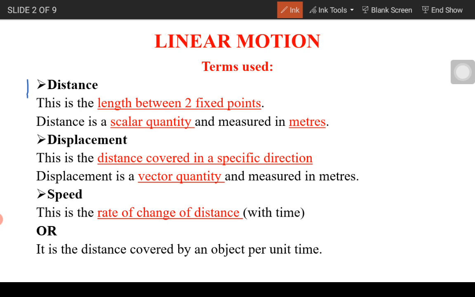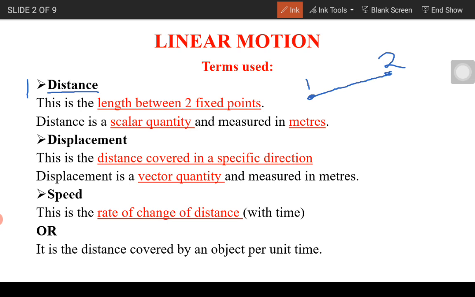The first one is distance. We must look at distance as the length between two fixed points. If I have a point here, and I have a point there, and I want to determine how far they are apart, I have to measure that length between these 2 points, 1 and 2.